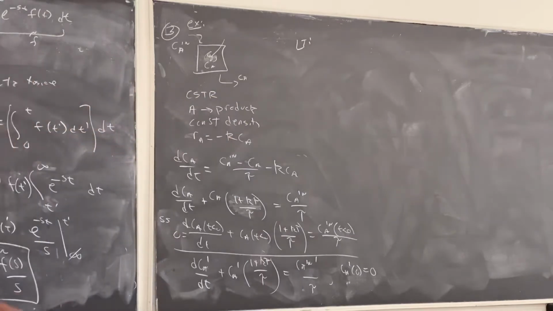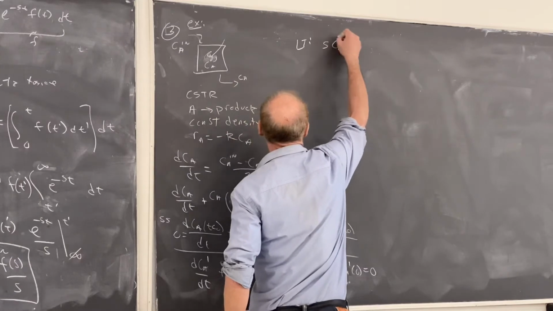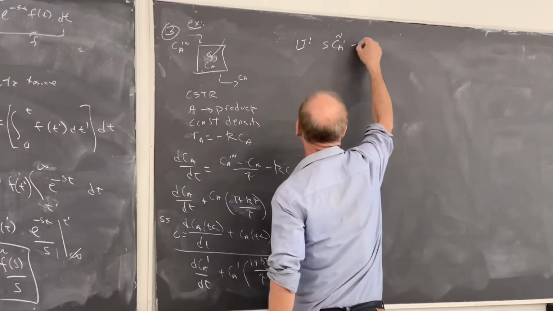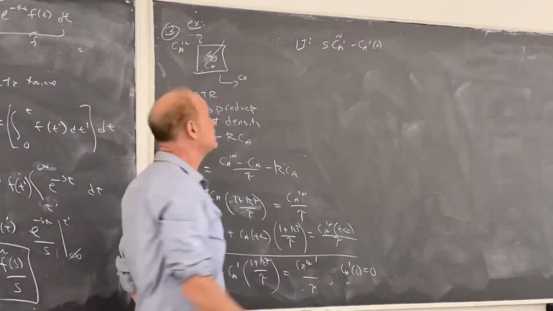If I do the Laplace transform of the derivative, I get S times CA prime tilde minus CA prime of 0. But we just said CA prime of 0 is 0.